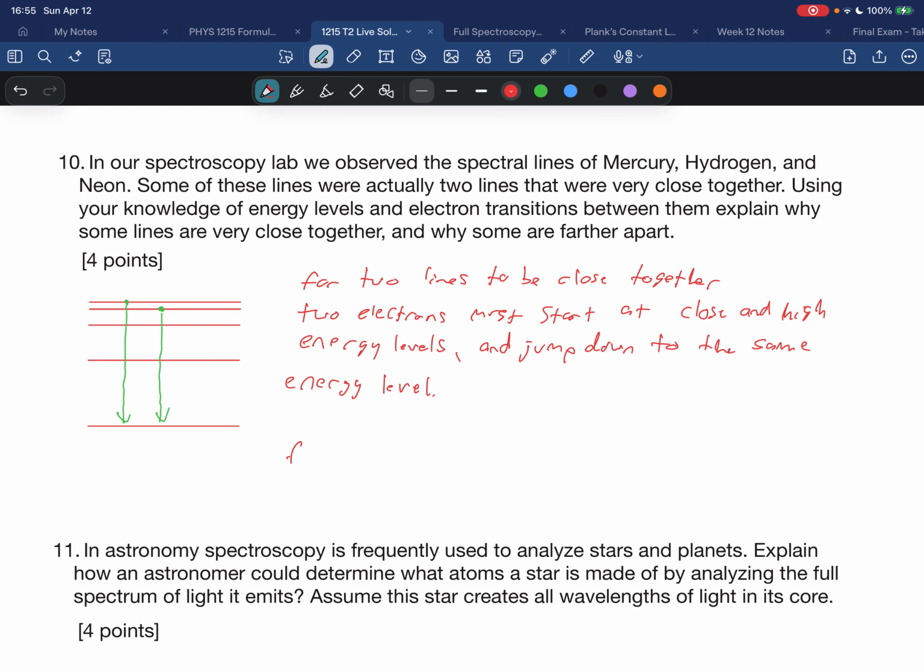For far apart, it is anything else, really. So if you have an electron here and an electron here, and one of them jumps here and one of them jumps here, those jumps are very clearly very different sizes, so very different photons will be coming off, and they will be far apart.